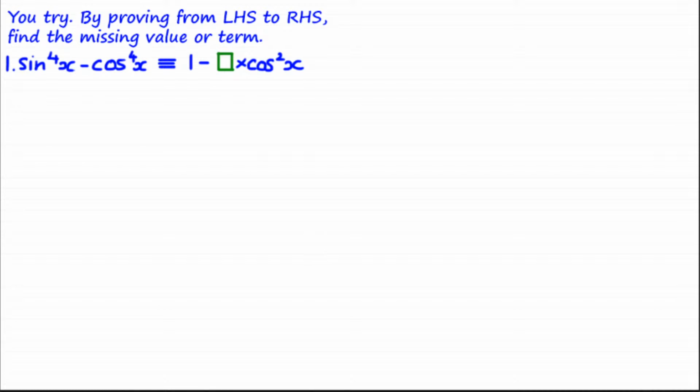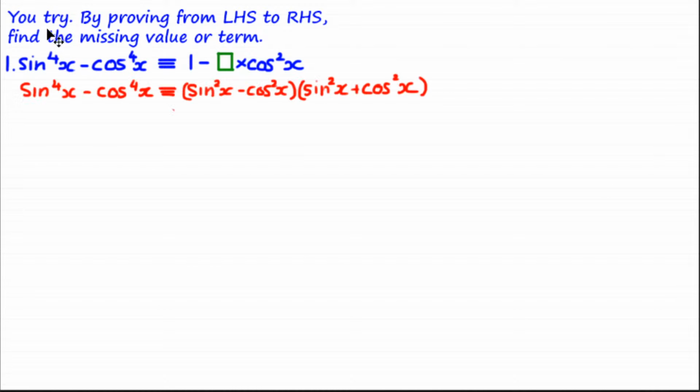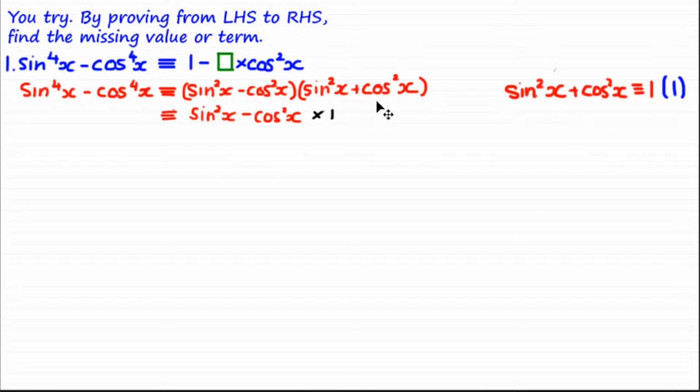All right, so using difference of two squares, once again, we can rewrite the left-hand side as this term here, okay? Now, as we know, using our standard equation 1, this part here is equivalent to 1. So therefore we have sine squared x minus cos squared x. Now notice that we don't have cos squared x on the right-hand side.